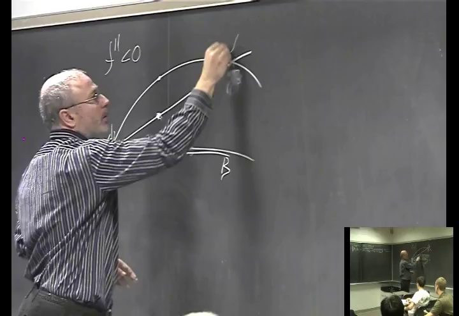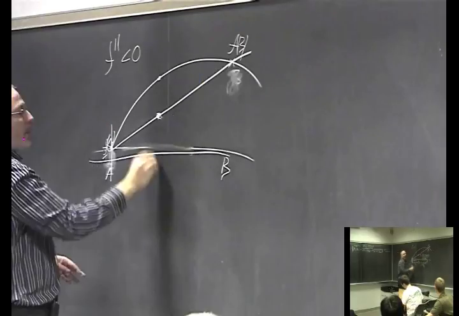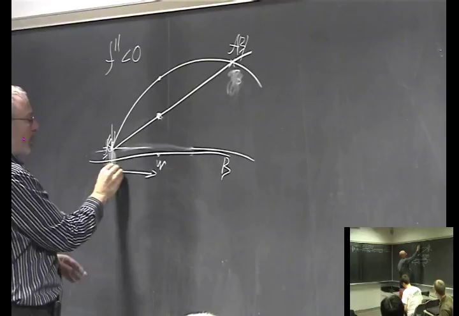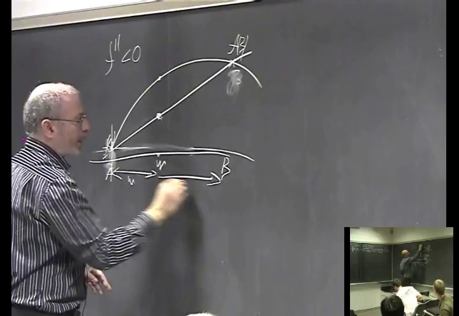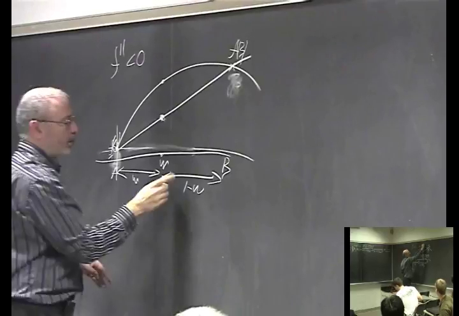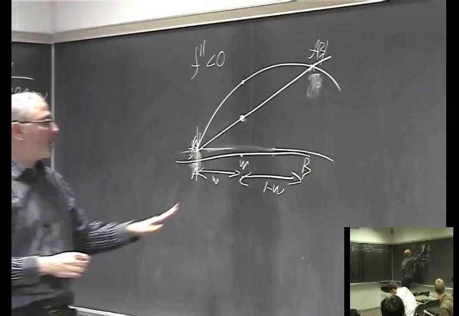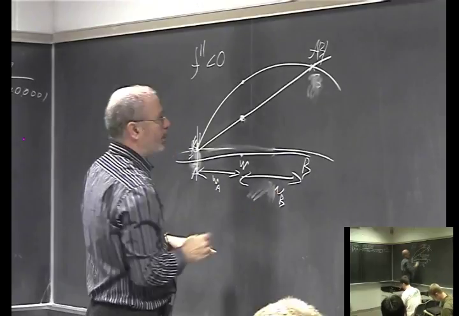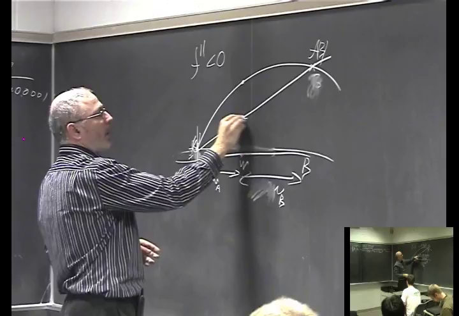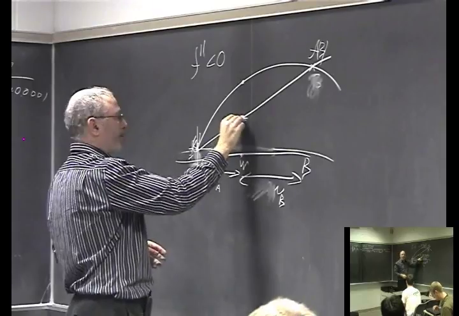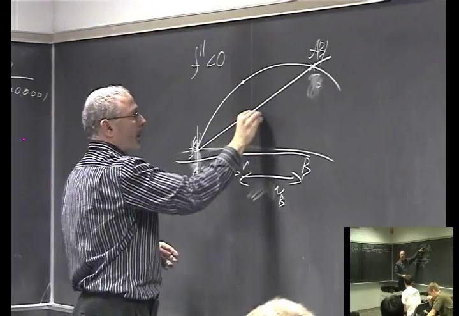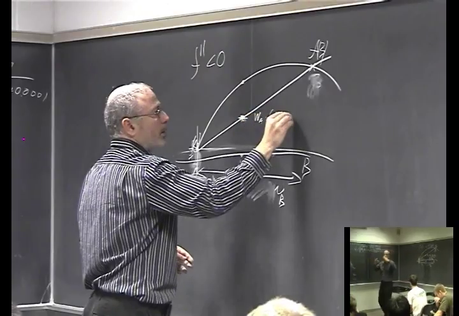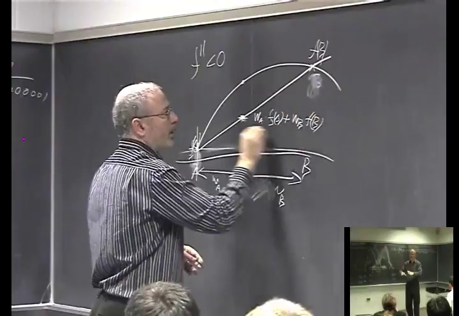It is basically a weighted sum of f of A and f of B. Whereas the point here is f of WA times A plus WB times B divided by WA plus WB. So compare these two. This is a weighted sum of the function values. This is a function of the weighted sums. Do you do the weighting on the function value, or do you do the weighting on the argument?